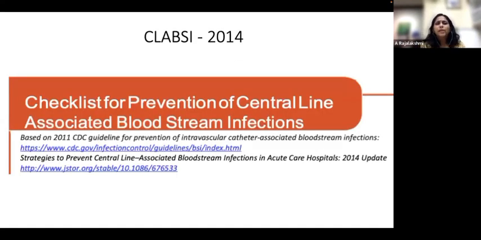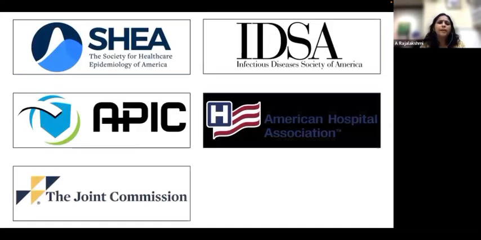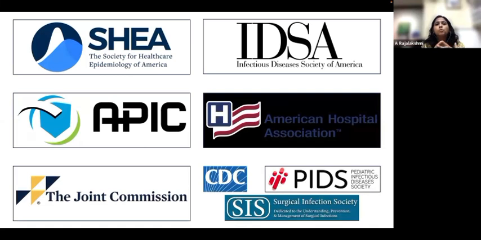So this is the old CLABSI 2014 prevention bundle that was put forward by CDC. And recently there has been a change in this, with multiple groups coming together, and they put forward a beautiful compendium, the CLABSI prevention bundle update.